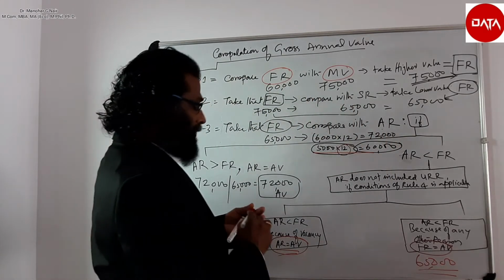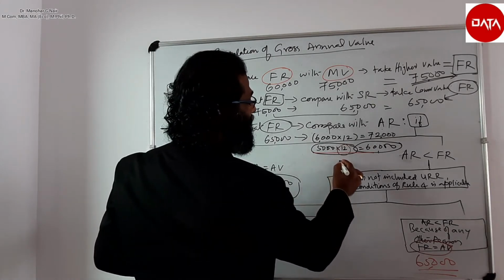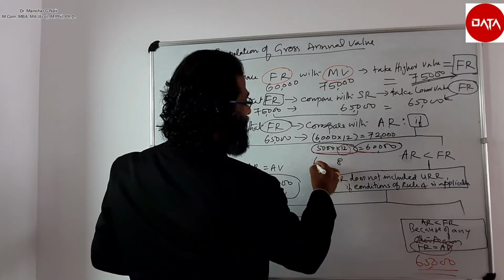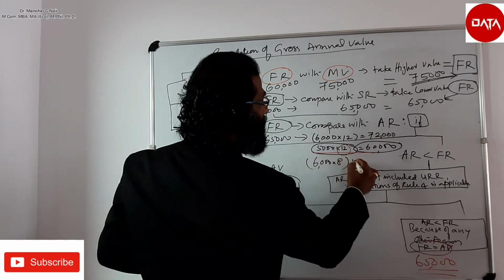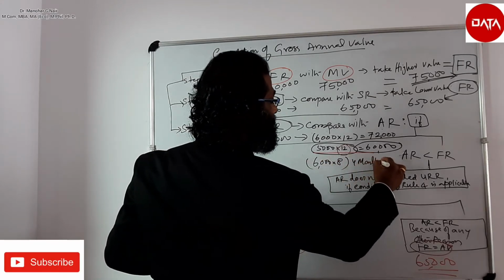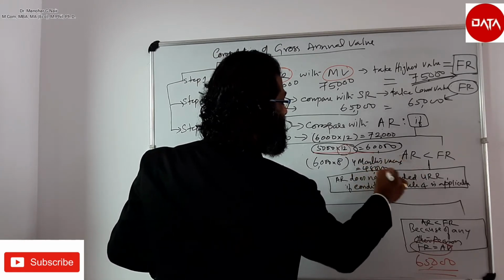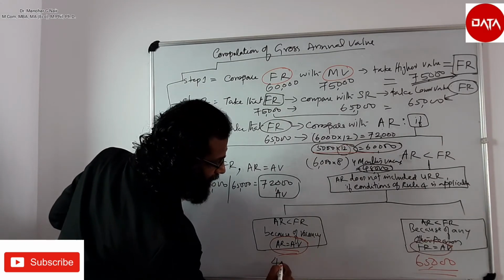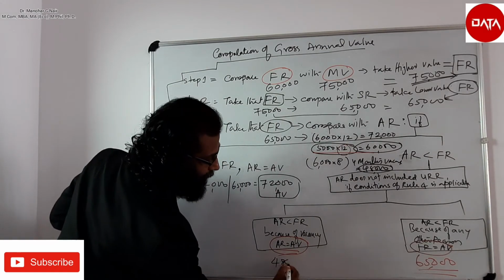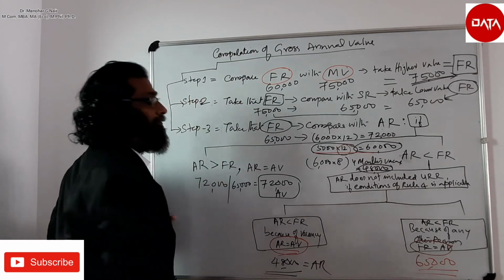If it is because of vacancy, for example, he could let out only for 8 months, for 6,000 into 8 months, 4 months vacant. Then 48,000 is the rent received because of the vacancy, so the annual value will be 48,000. That is the lower value, that is the actual rent received.